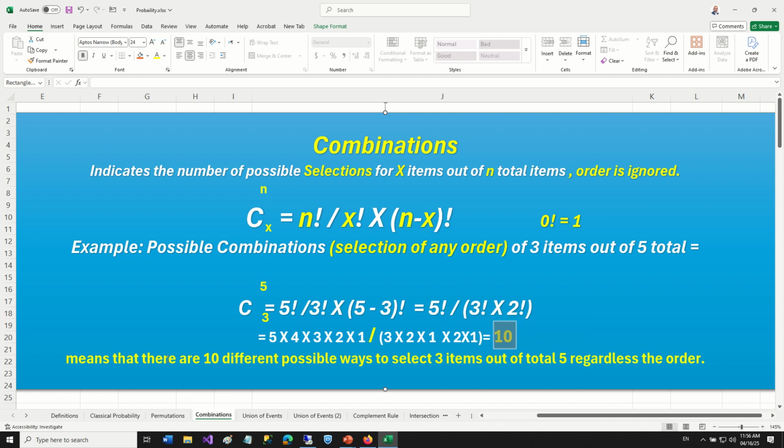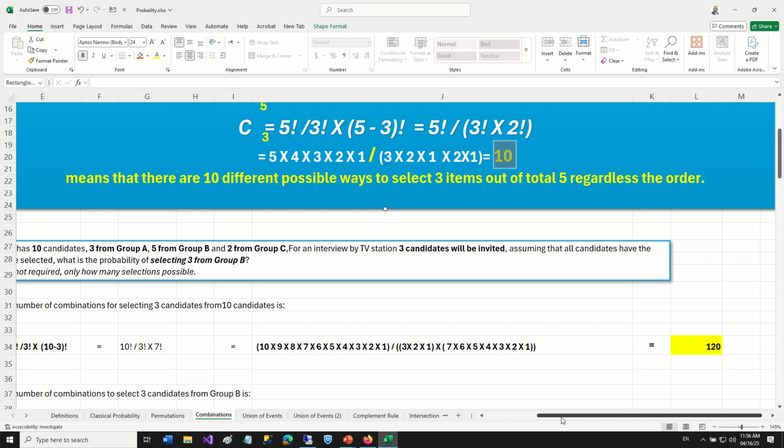So that means there are 10 different possible ways to select 3 items out of a total of 5, regardless of the order.